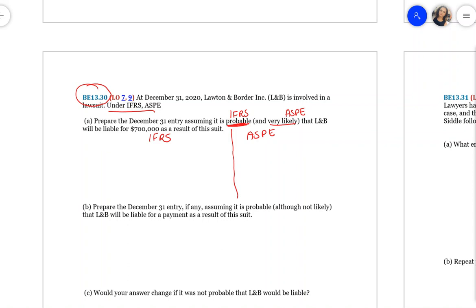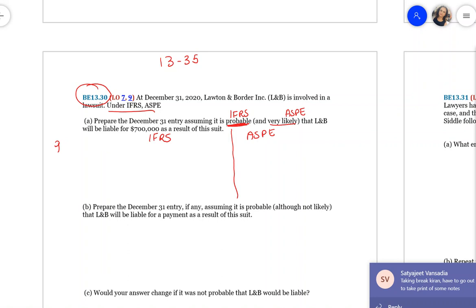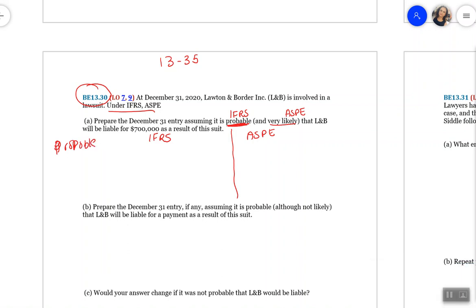Again, if you wanted to go through more reading for this, it's on page 1335 of your book. So IFRS uses the word probable.